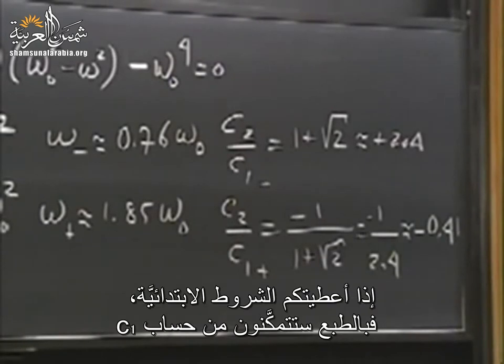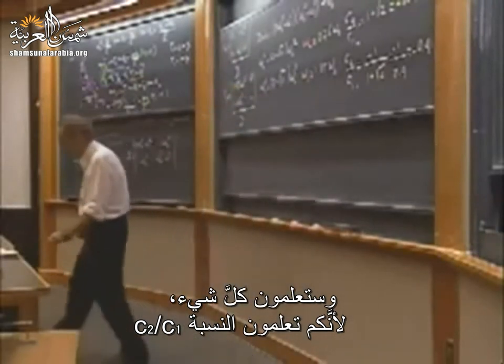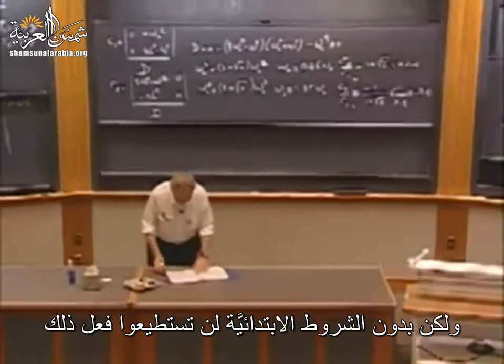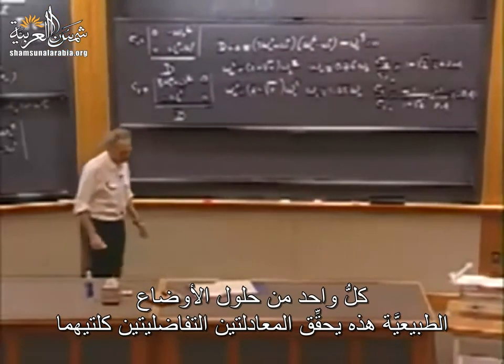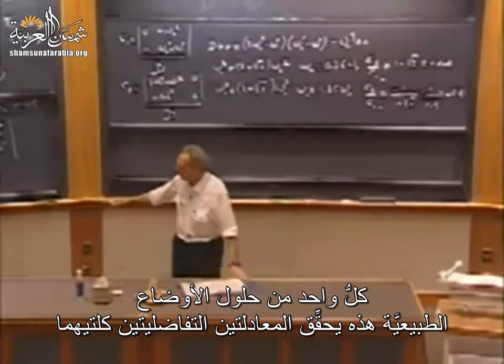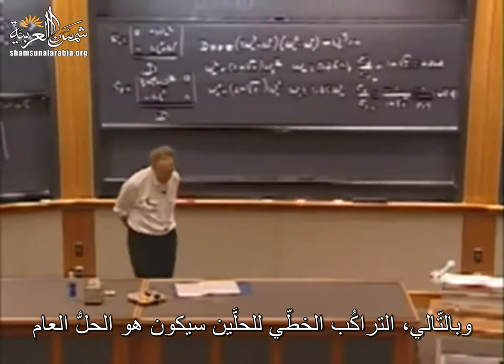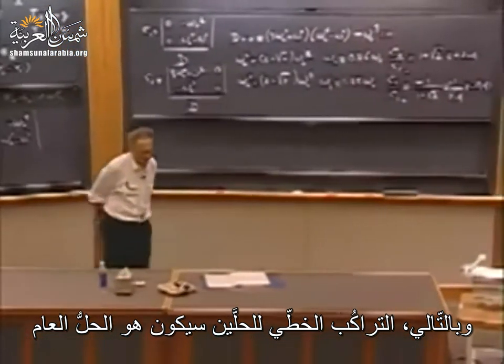If I gave you the initial conditions, then of course you could calculate C1, and then you know everything because you know the ratio C2 over C1. But without the initial conditions, you cannot do that. Each of these normal mode solutions satisfies both differential equations. Therefore, a linear superposition of the two normal mode solutions is a general solution.